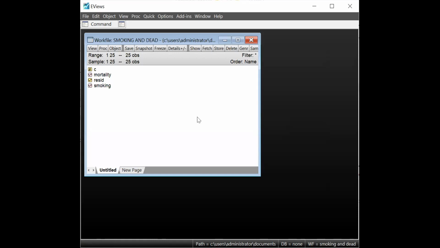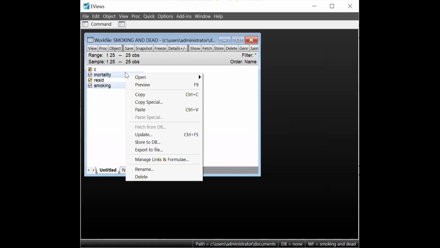Okay. First, we choose the mortality for the first equation. This is the dependent variable followed by the independent variable. Don't forget to press control and click the variables, and please choose equation here.